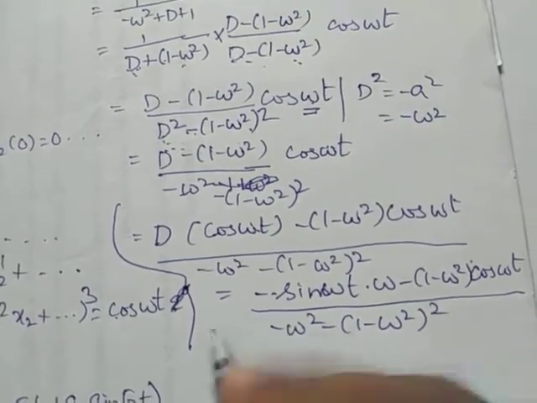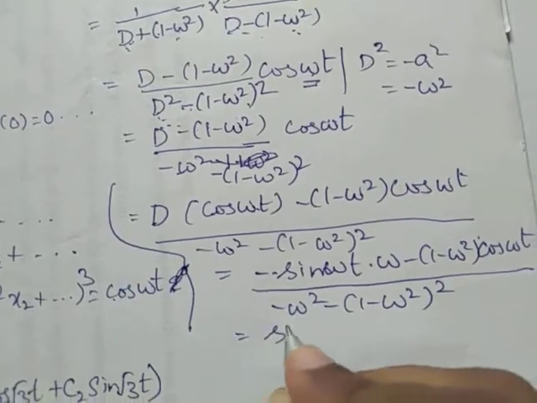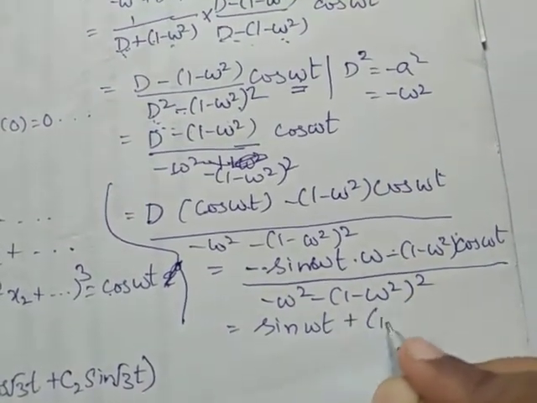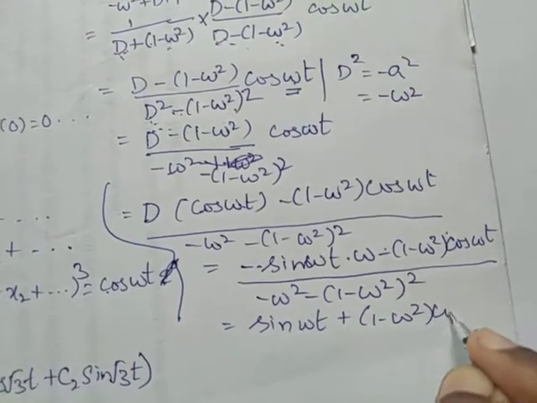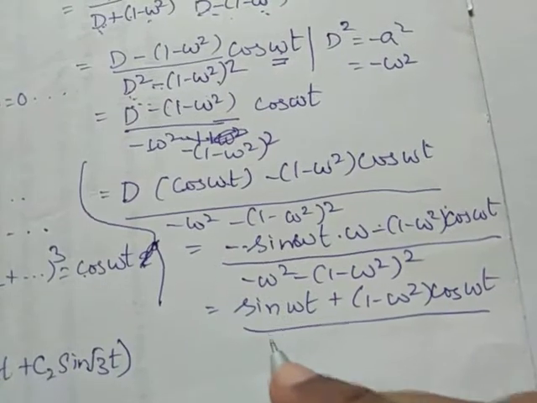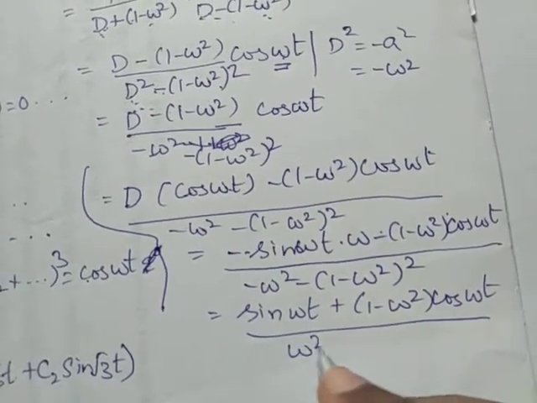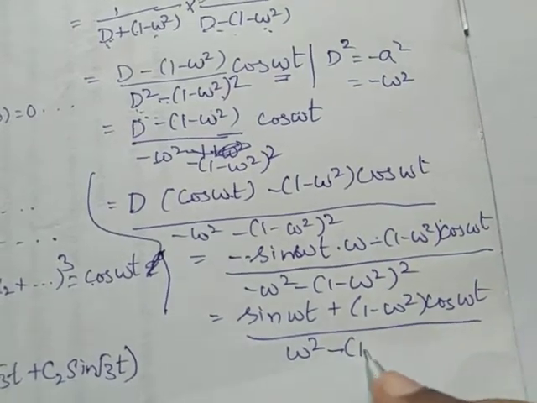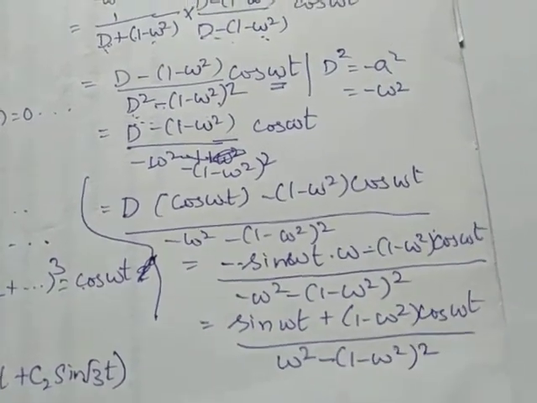If I take minus common, this particular integral becomes (omega sin omega t plus (1 minus omega square) cos omega t) divided by omega square plus (1 minus omega square) whole square.